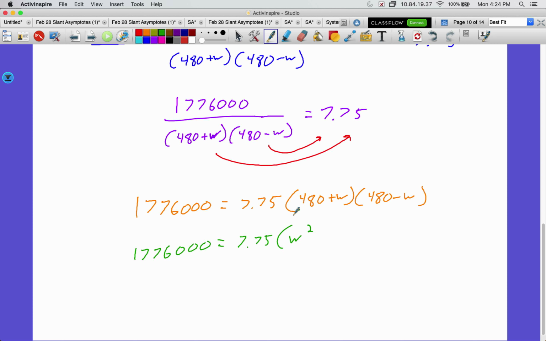We get a negative W squared, and 480 times 480 is 230,400.